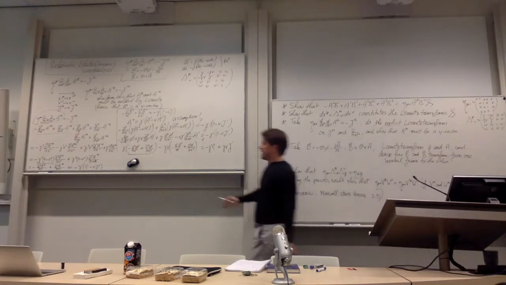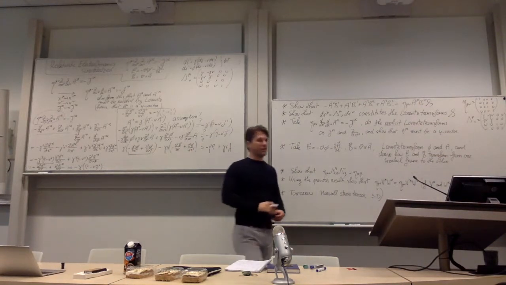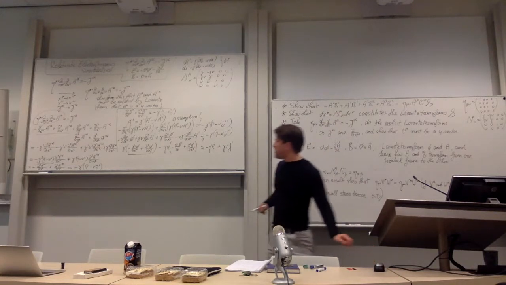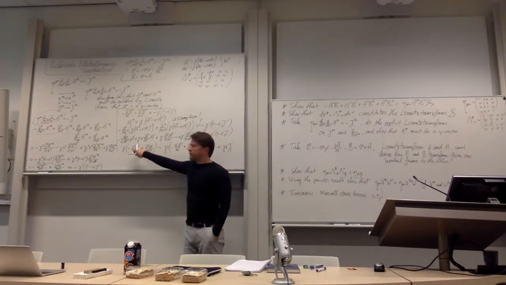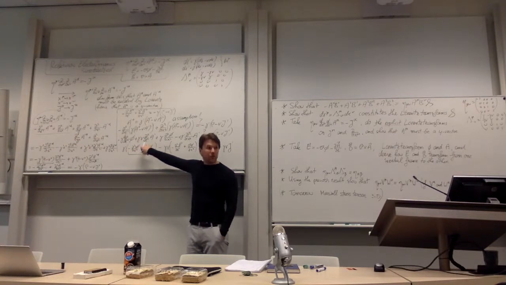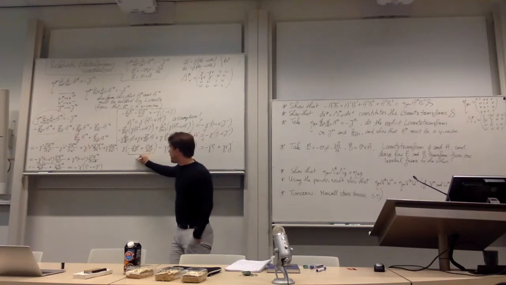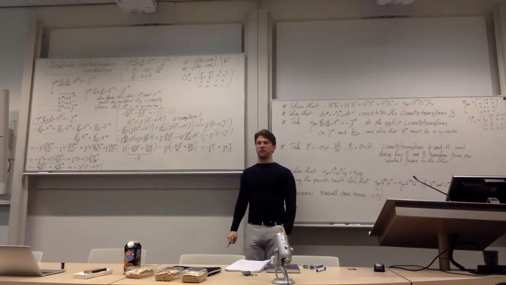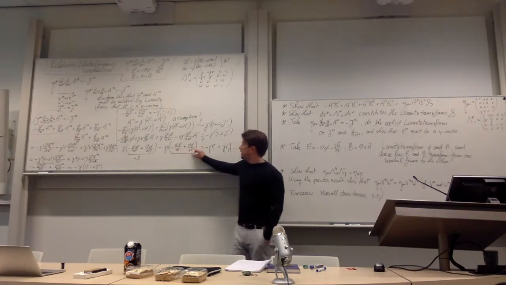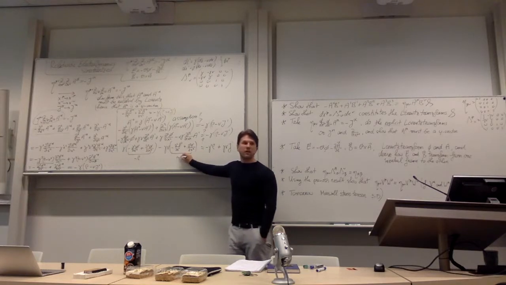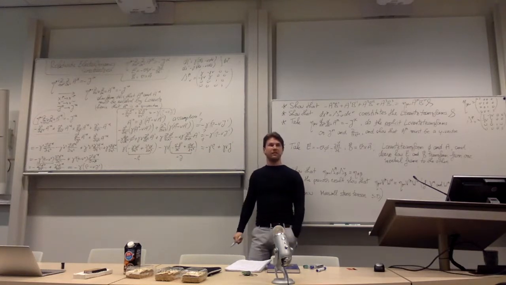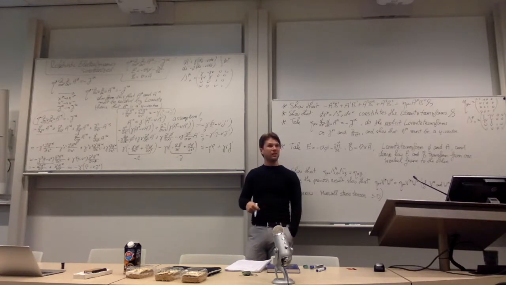If you recall from electrodynamics, the phi's obey the differential equation that two derivatives with respect to time with a minus, plus two derivatives with respect to x, equals minus rho. And this equals minus j. These are just the differential equations we derived a couple of lectures ago.